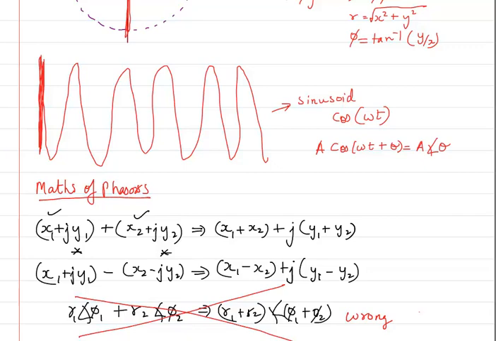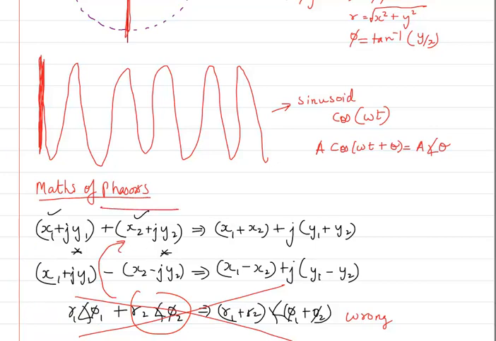Then how do you do it? You have to first convert. Remember, look at this very carefully. You have to first convert the polar form into rectangular form, both of them, and then do the addition.